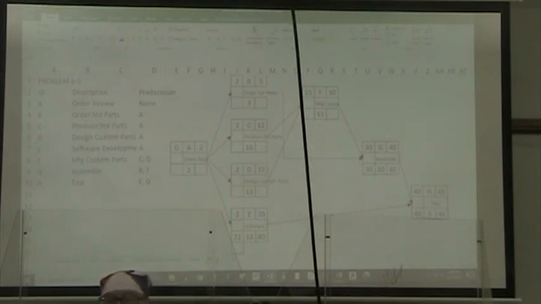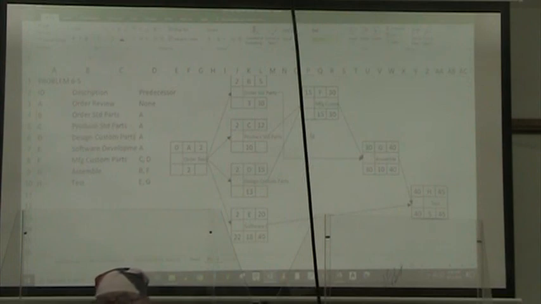For both B and F, our late finish time is going to be equal to our late start time for G, because they are the activities that must be completed first.